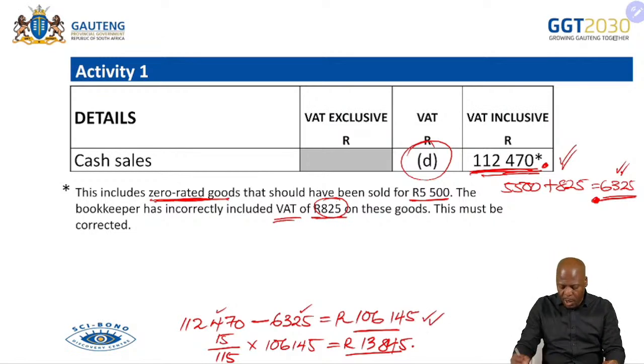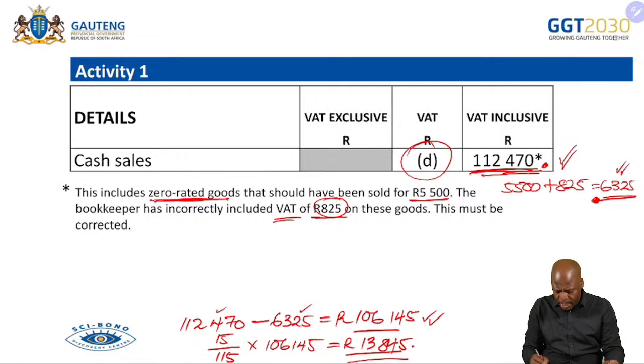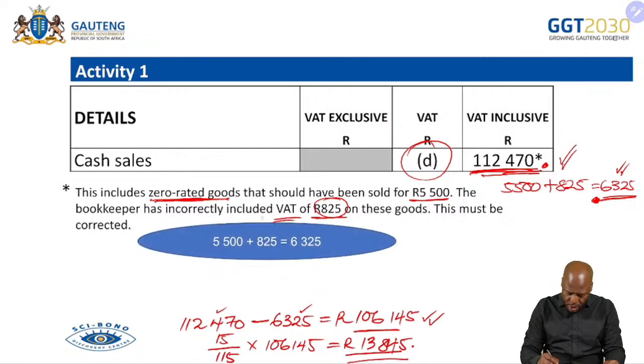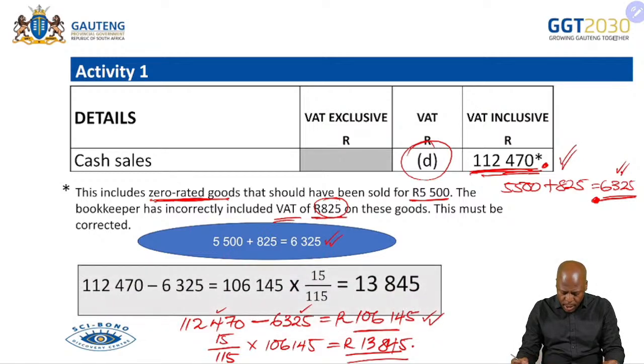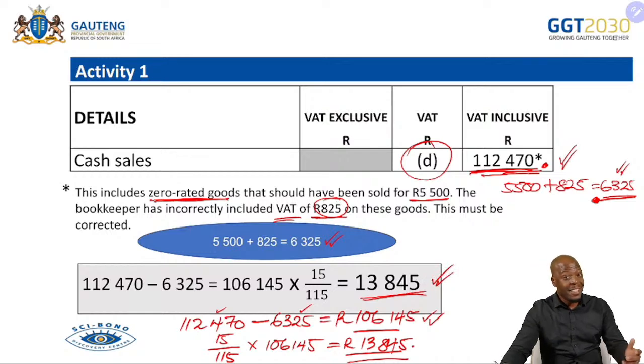Then we remain with 106,145. And then we can now calculate our VAT. All right. So there is the calculation. Also what we did. That is how we get our 6325. And then we can then do the calculations. There it is. Then we end up with our 13,845. Okay. Hope this is making sense.